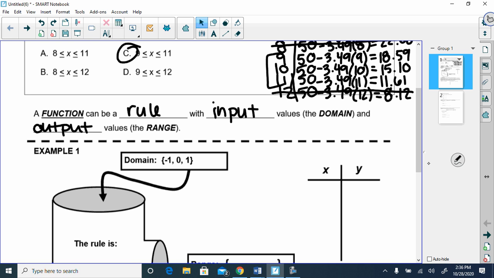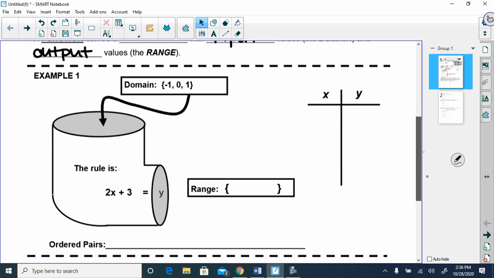Okay, so keeping that in mind, they give us a few examples here. They said that the domain, which we know is our x values, are these three numbers. Okay? The rule or the function is 2x plus 3. The output is my y or my range, right? That's what I'm looking for. Okay?